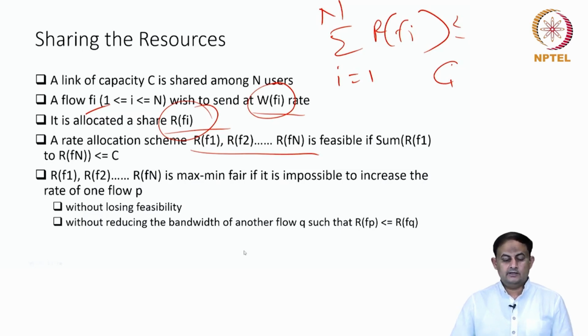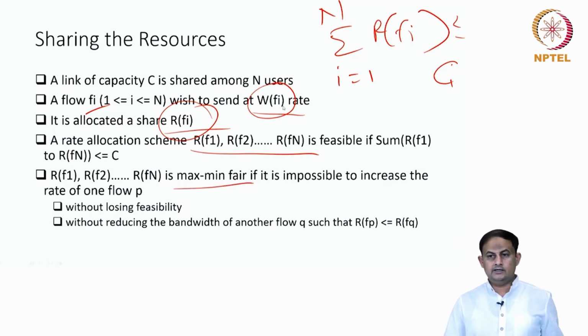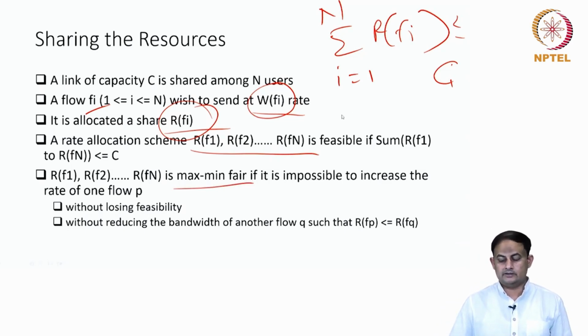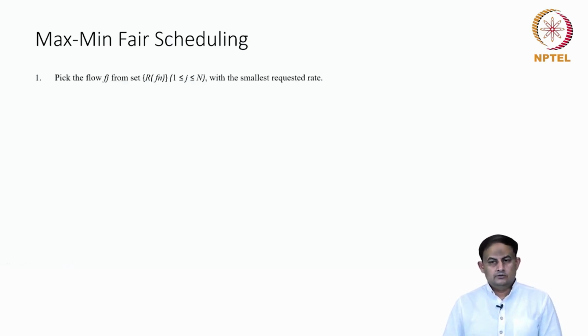So, that is where an algorithm called the max min fair algorithm comes in, and if this condition is violated, then the allocation is said to be not feasible. So, let us see how exactly this max min fair scheduling algorithm works.